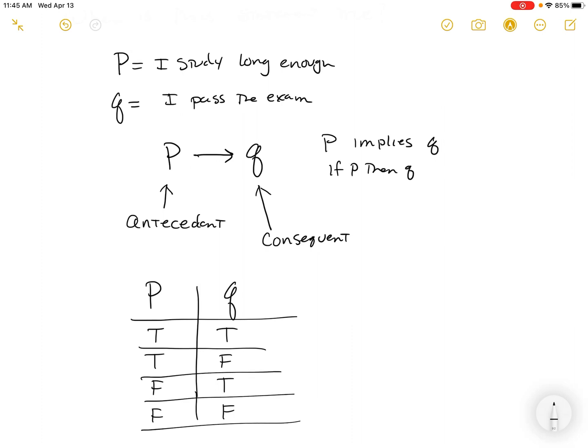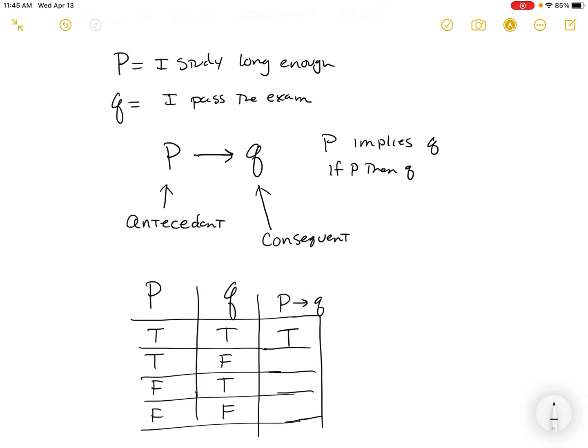So let's talk about the truth table for P implies Q. Well, if P's true and Q's true, that means if I study long enough and then consequently I pass the exam, well, that's a true statement. That's what I was trying to make a claim about, right?